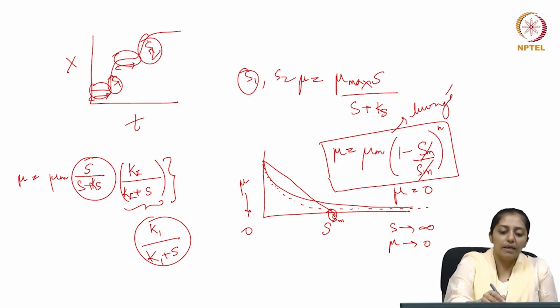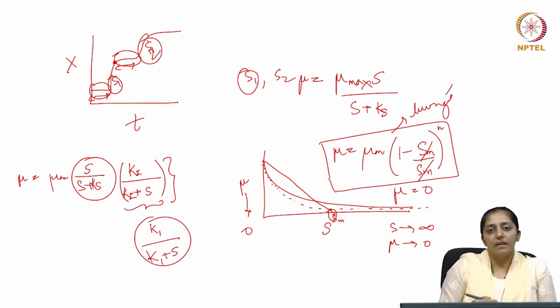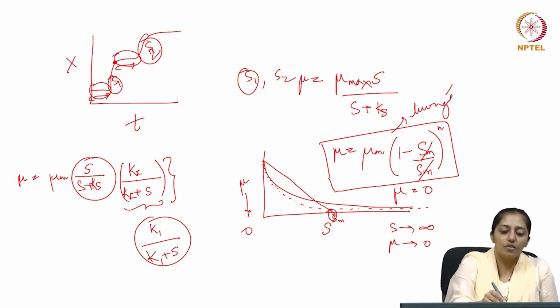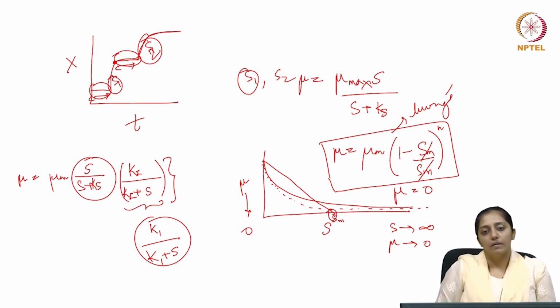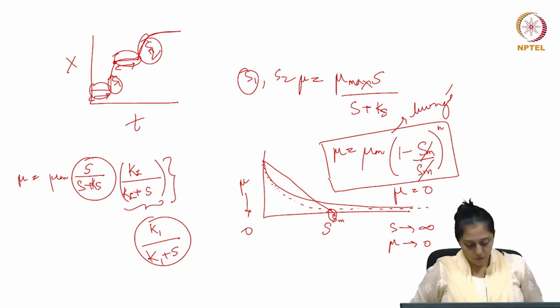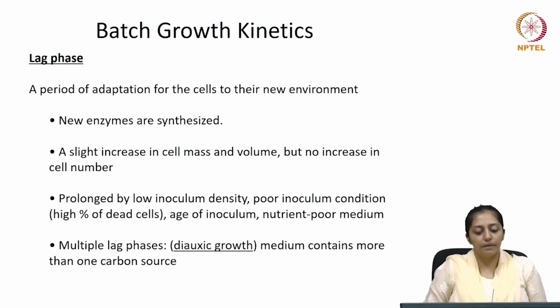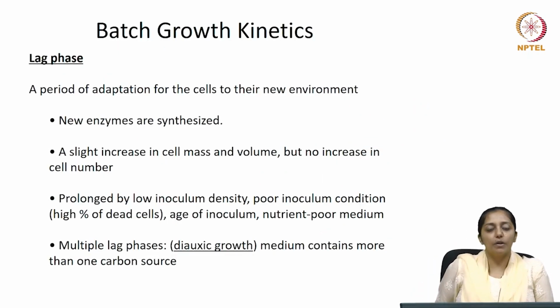Once S1 depletes, at this point it will start preparing its machinery to utilize S2, and therefore the second lag before it begins utilization of S2 for the second phase of multiplication. So, this is the diauxic growth pattern where you can observe multiple lag phases.